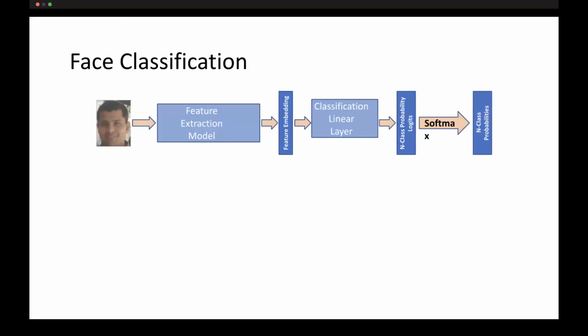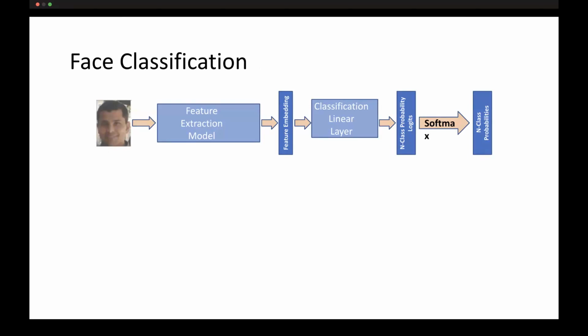So for face classification, we'll have a feature extraction model, which will find embeddings. Now, this might look like jargon to you. Basically, if you attend the lectures, you'll understand convolution networks. Even though in 2012, when AlexNet came into the picture, it was used for image classification, later on people realized that convolutions are not just good for image classification, they're actually able to extract features in those images.